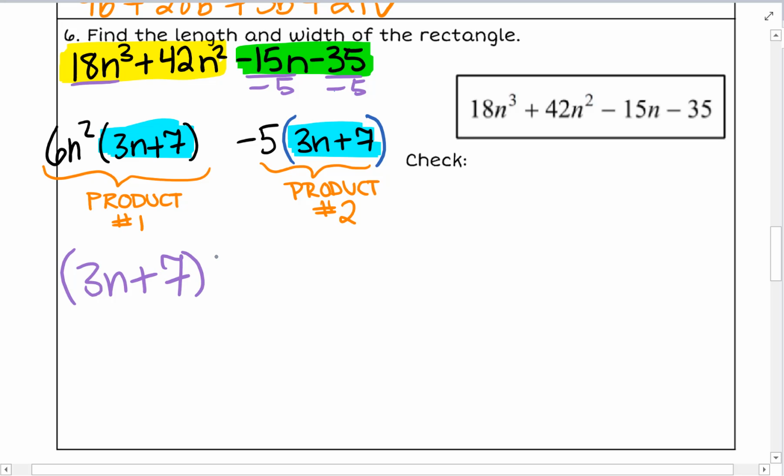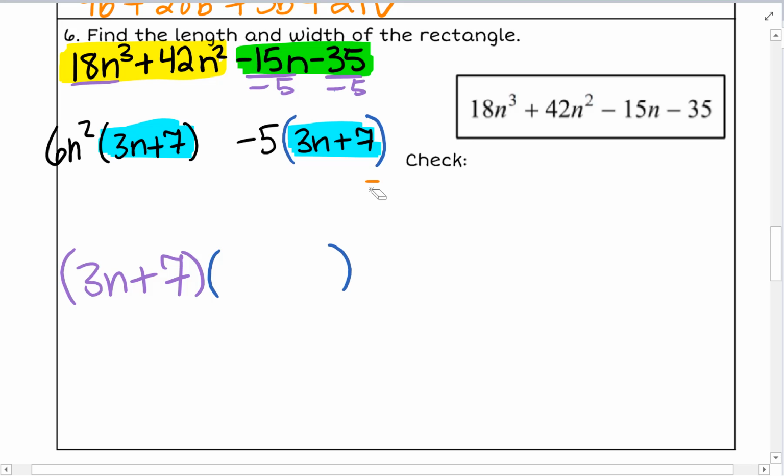Now to find out the other part of my finished product, literally, I'm going to divide each of the products, product number 1 and product number 2, by the GCF 3n plus 7. When I divide the first one by 3n plus 7, 3n plus 7 over 3n plus 7, oh, that's 1. That is also 1.